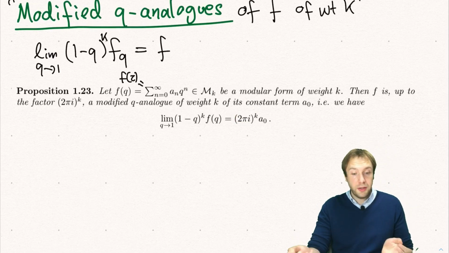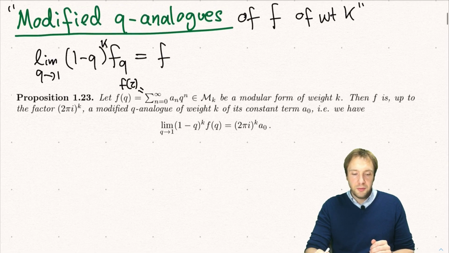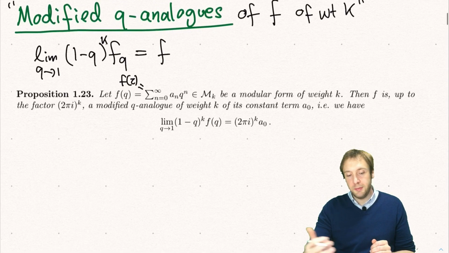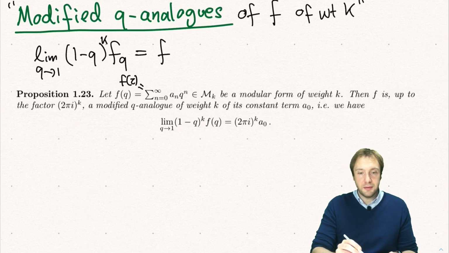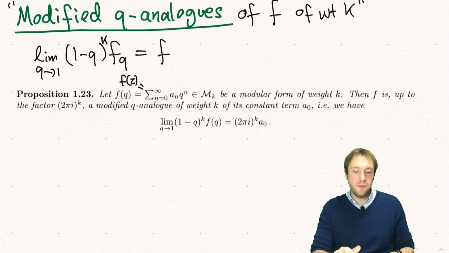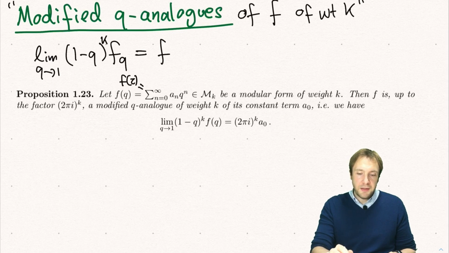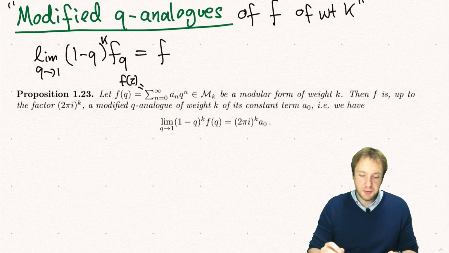And so there are two ways to see this. So one way we will explain later. So every modular form of weight k can be written as a polynomial in G4 and G6. And then this statement just needs to be checked for G4 and G6. And this we will do in a second.